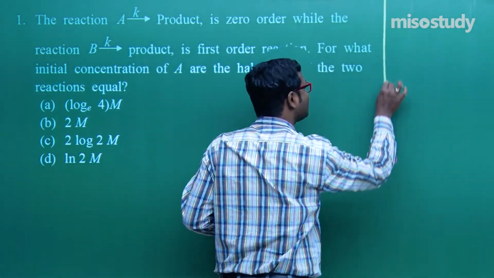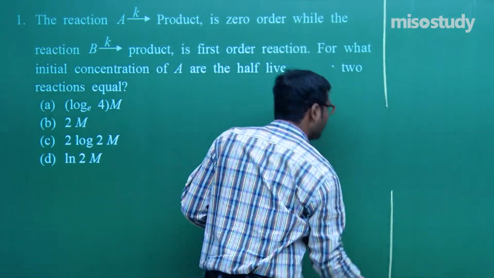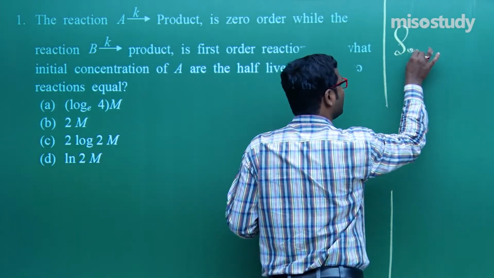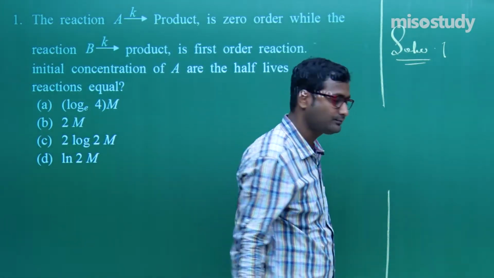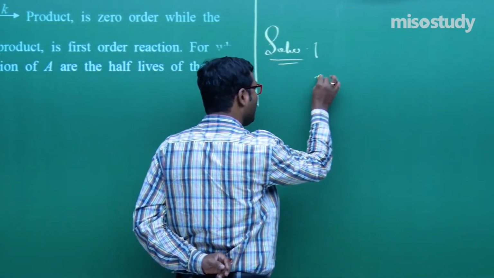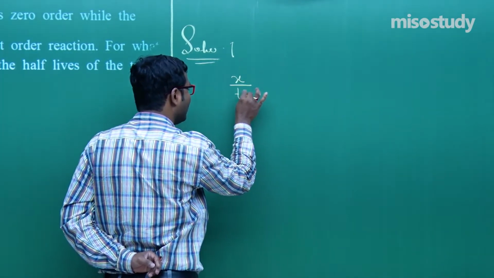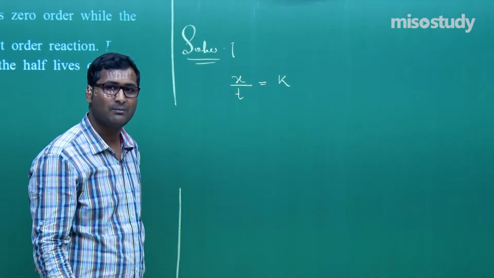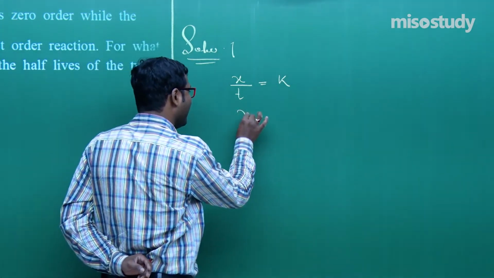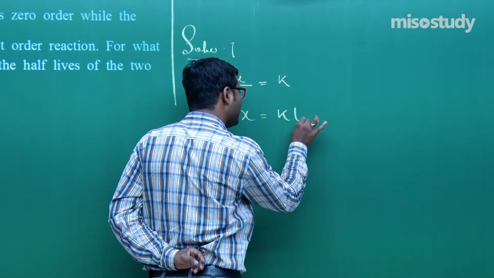That is the solution of the question. Listen carefully to what I am telling. For a zero order reaction, we know that the rate is independent of the concentration, that is x upon t is equal to k, and x is equal to kt.